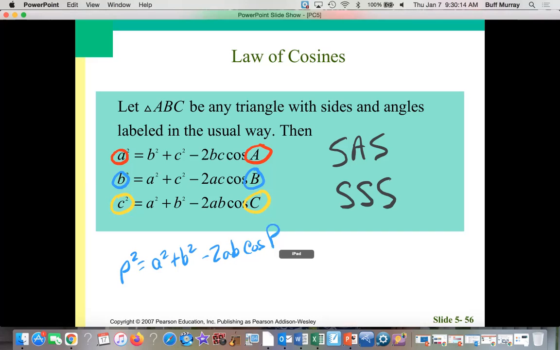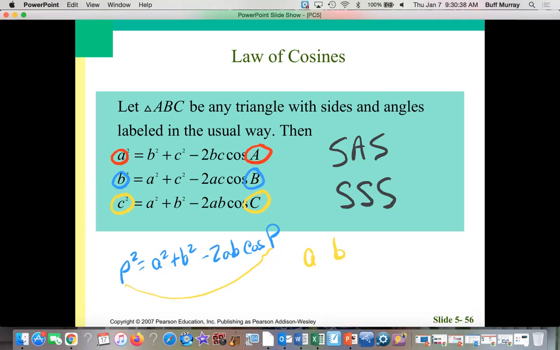Now I use the letter P because they are a pair. Okay, that makes sense? So basically, these 2 are an angle side pair, and then A and B are the other 2 sides.